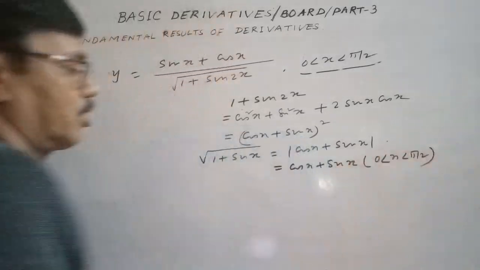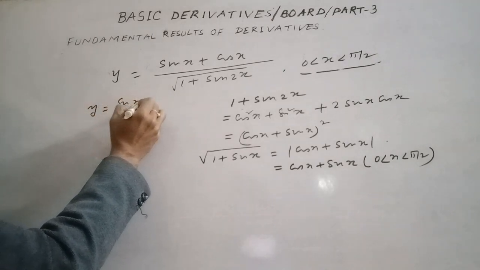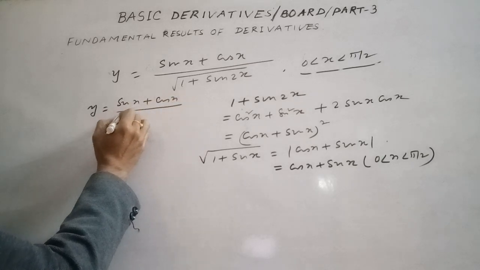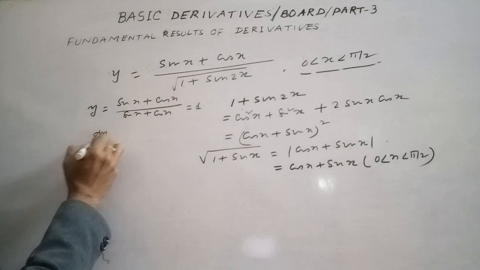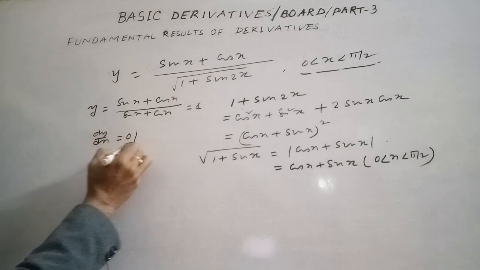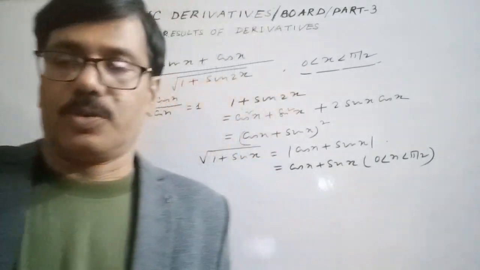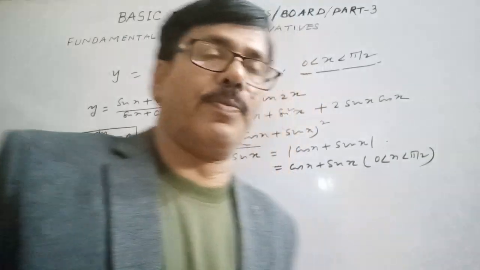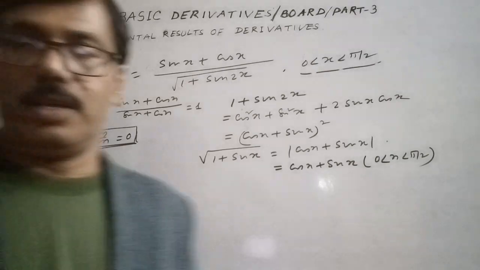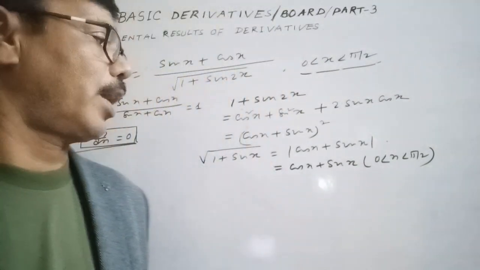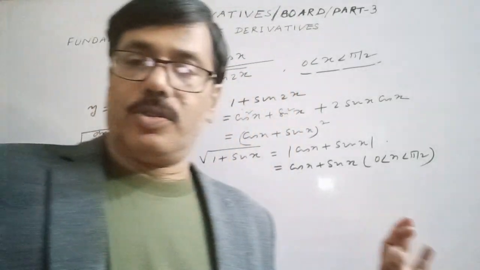So what is y? y equals sin x plus cos x by sin x plus cos x, so this is 1. dy by dx equals 0, derivative of a constant function. So today, through this video, I have discussed fundamental results of derivative and their applications. So, thank you.